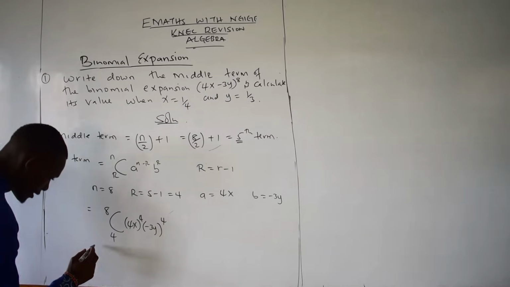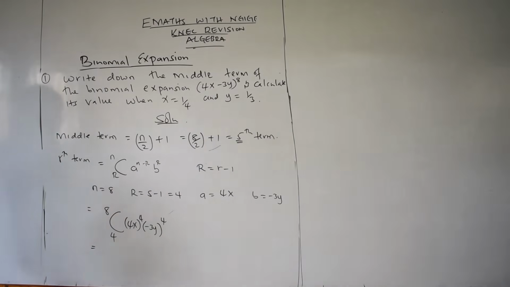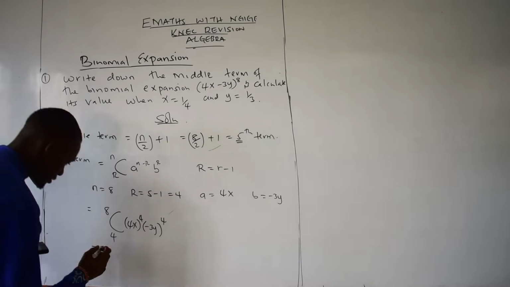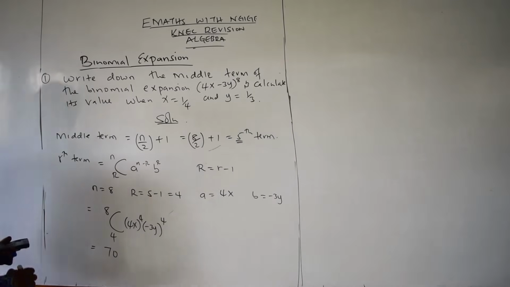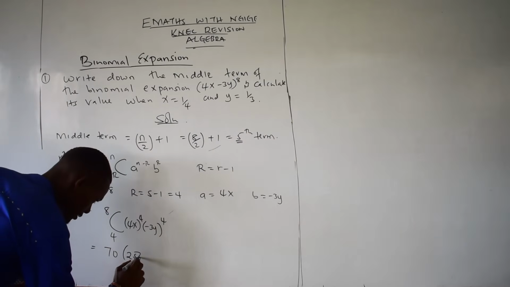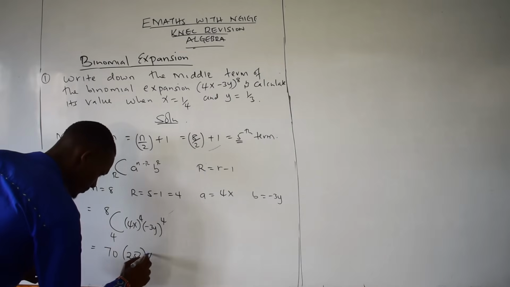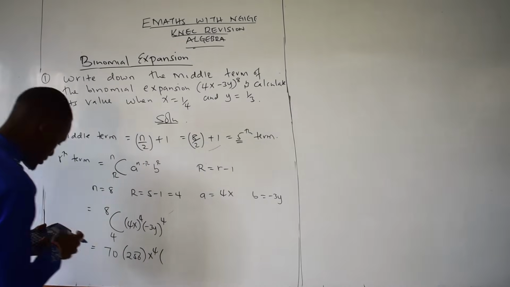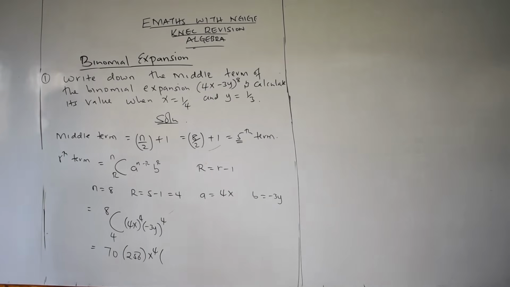So in short, we have 8 combination 4, which gives you 70. Then you have 4 to power 4, which gives you 256. Then you have x to power 4.